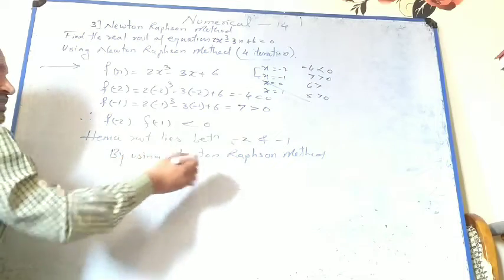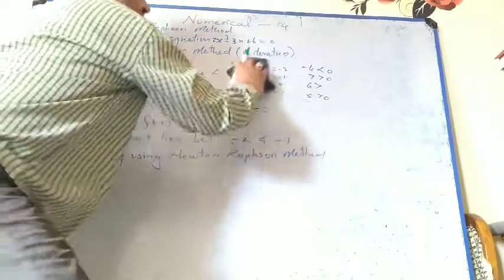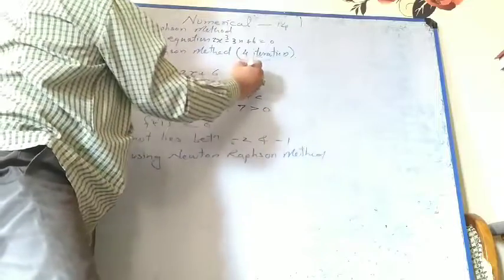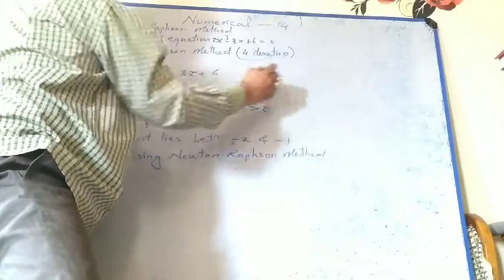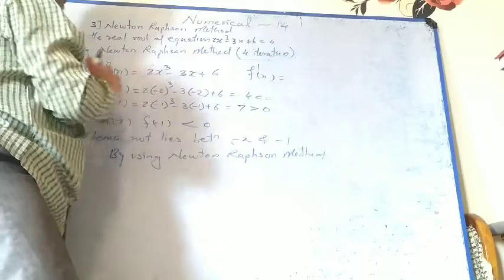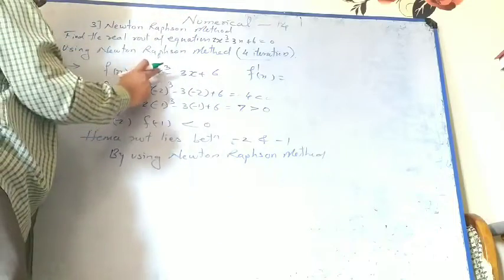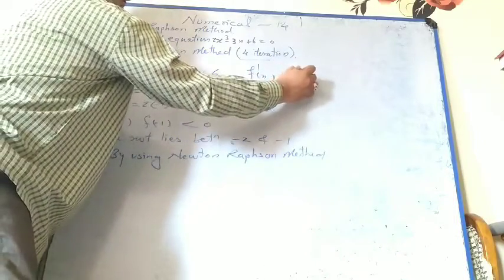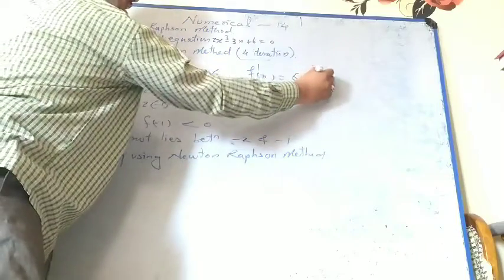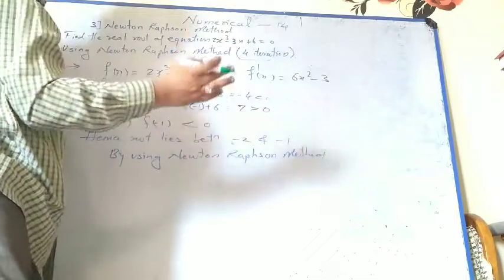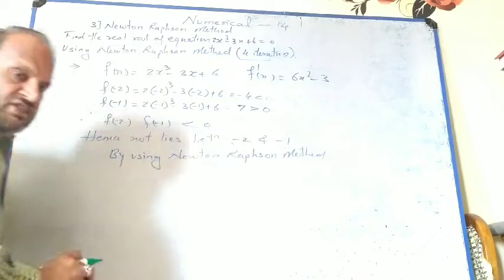Then by using the Newton Raphson method, the first thing you have to do here is take the derivative f dash x. The derivative of 2x cubed minus 3x will be 6x square minus 3, and the derivative of 6 is 0. So this is f dash x.